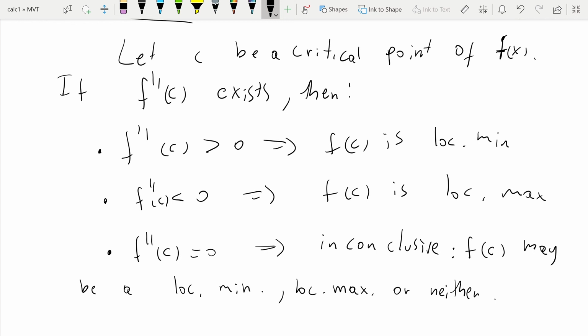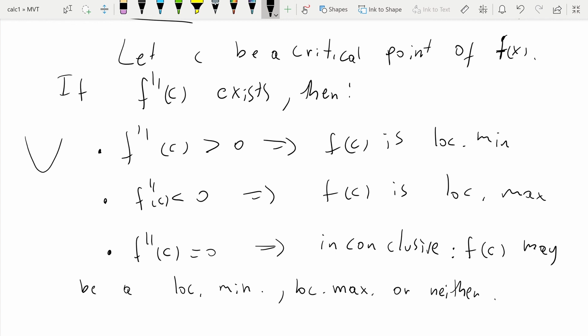So it must be negative before, and positive after the value x equals C. So it does something like this, right? So this is the situation. So it's a local min.